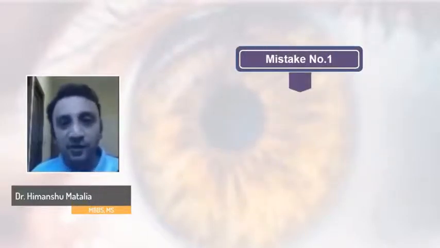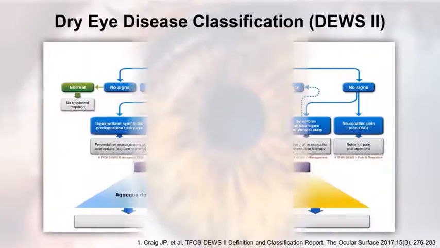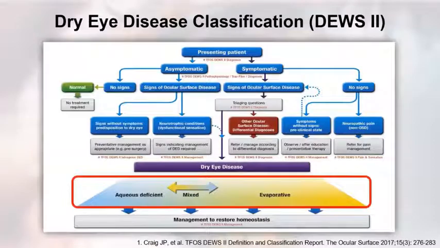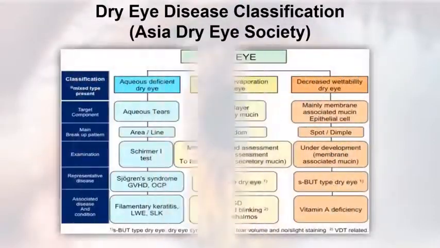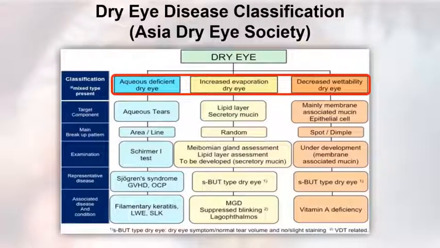First is the classification of dry eye into aqueous deficient and evaporative dry eye. Whether it's the Asia Cornea Society or others, they ultimately end up classifying into aqueous deficient, evaporative, or poor wettability.